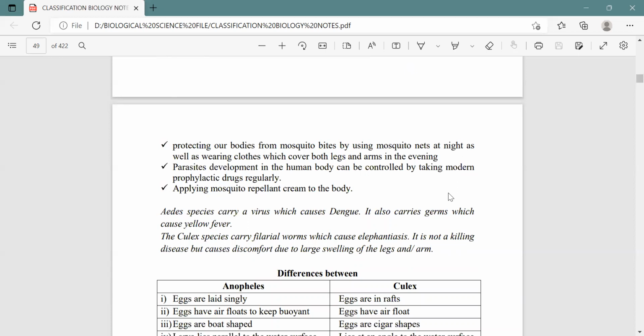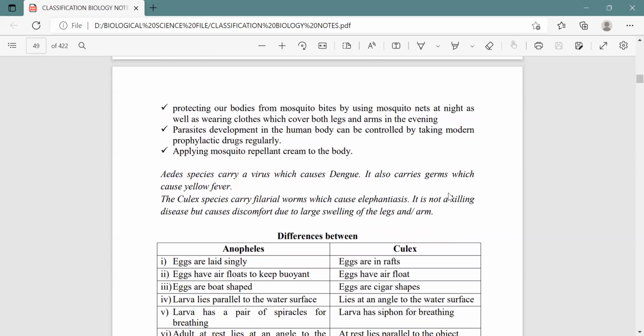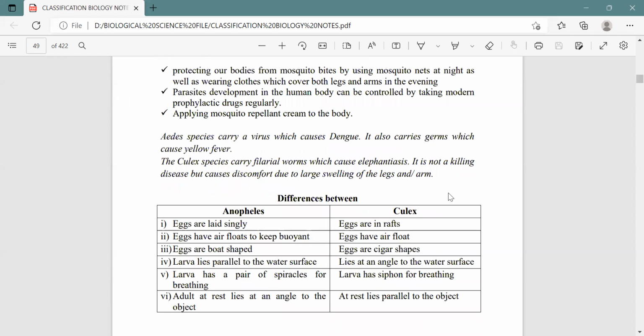Apply mosquito repellent cream to the body. All of this will result in control of malaria, which is one of the leading causes of death in the tropics among the children.